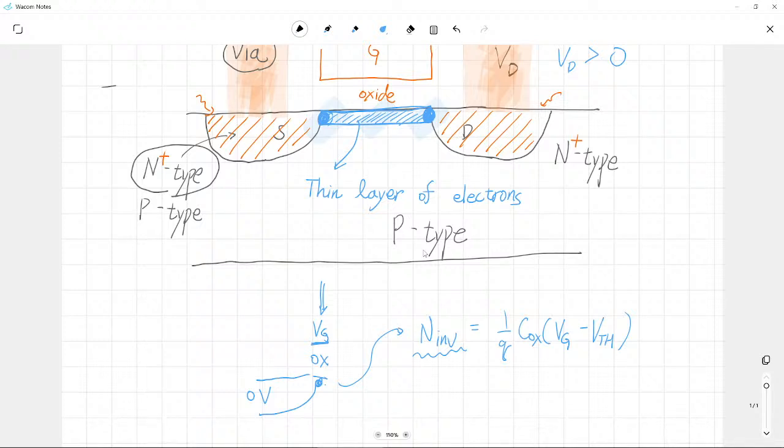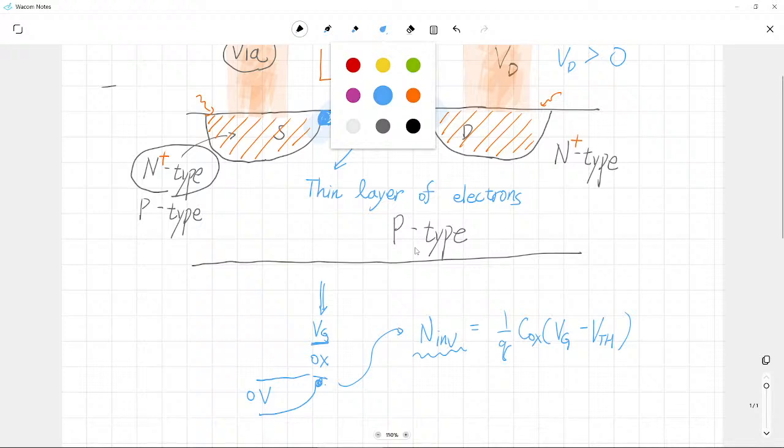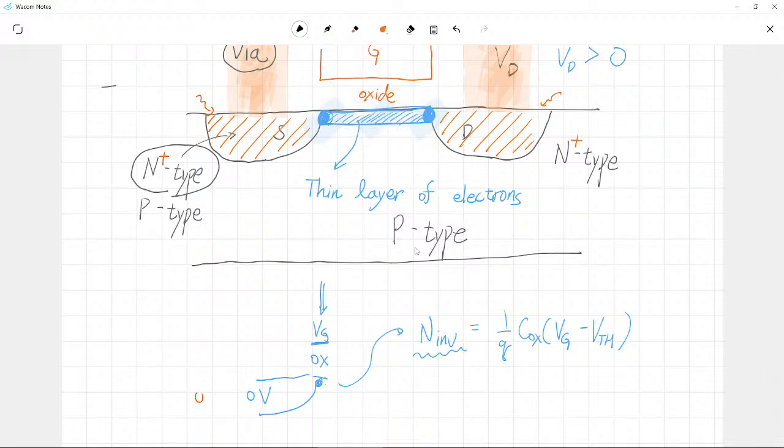But think about exactly the same case, but now please be careful, I'm asking what happens if I apply 0.1 volt to this source region. Since this region is biased with 0.1 volt, this part is also connected to the voltage of 0.1 volt.